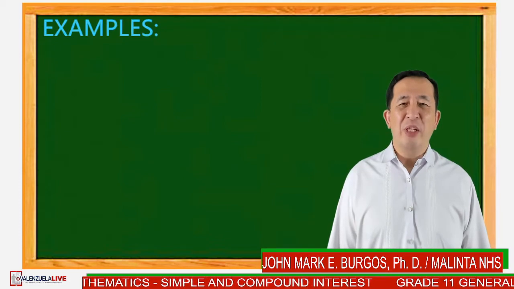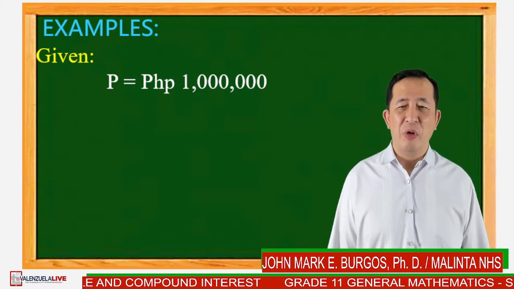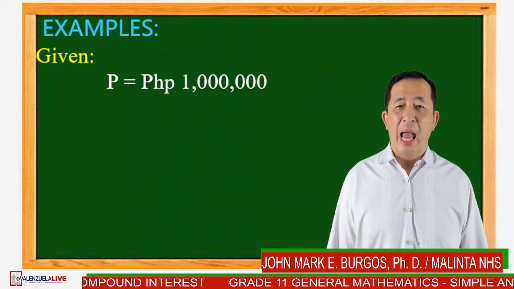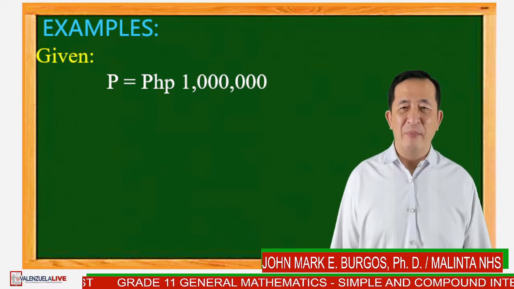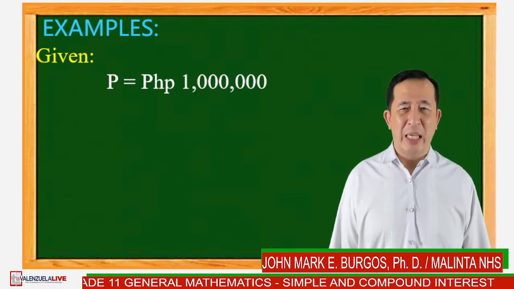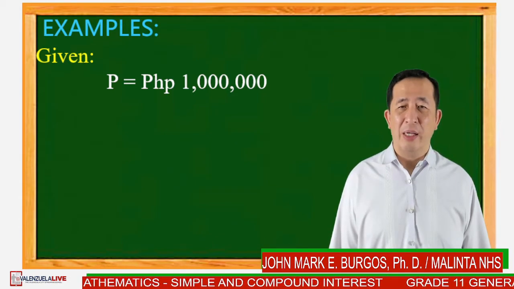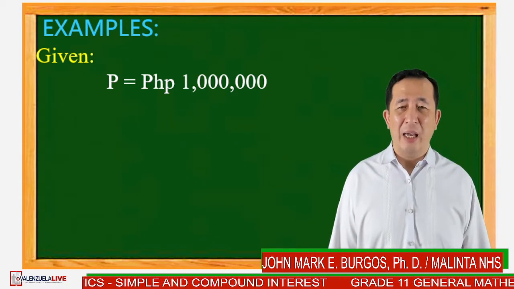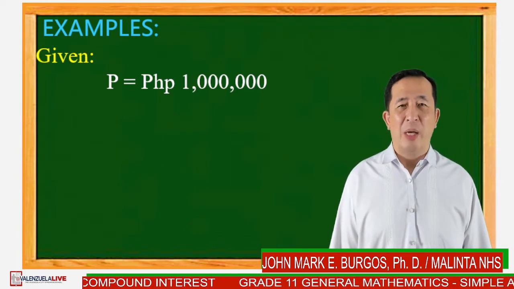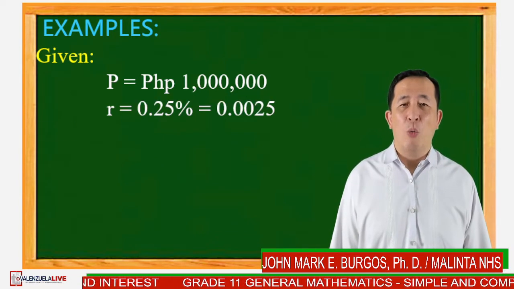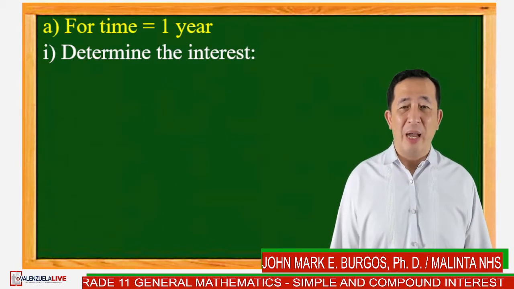To compute for the value, we have to find the maturity value or future value after 1 year, and secondly, the maturity or future value after 5 years. For the first year, we determine the interest, which is I is equal to P times R times T. To substitute the value, it will be 1 million pesos times 0.0025 times 1.